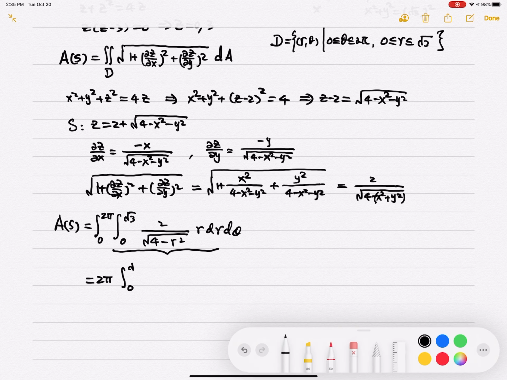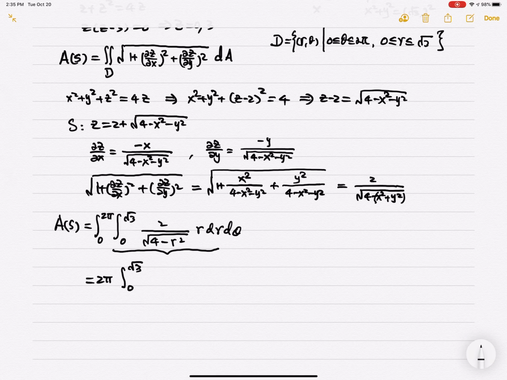Okay, so here we have a 3, and then we have 4 minus r squared to the negative half, times 2r dr, which is equal to d r squared.